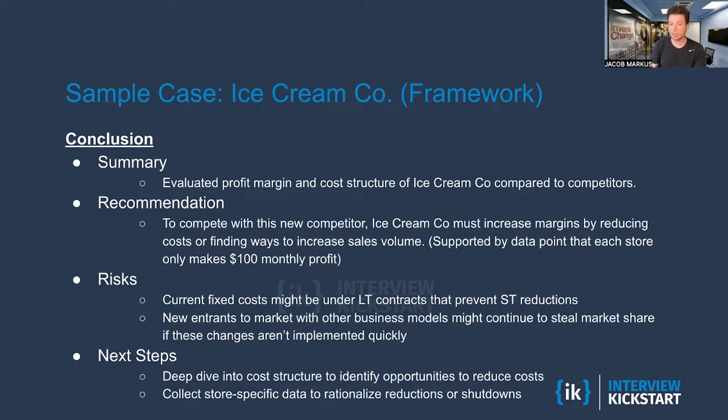You don't have to cover everything, but hopefully making a compact, concise way of summarizing the full case and coming to the conclusion at the end that the hypothesis of revenue was actually not the right direction. We had to focus on costs, and so that was an ice cream case.